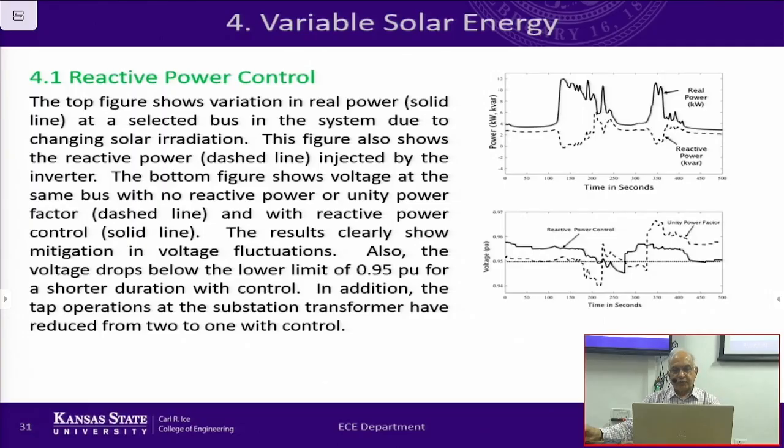And then you also have a tap changer operate here. There's another tap changer operation here. And the voltage is going way up and down in the original. But when you applied our control, we can get much better results. And also the tap operation reduced by 1.